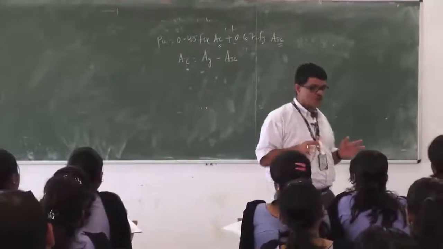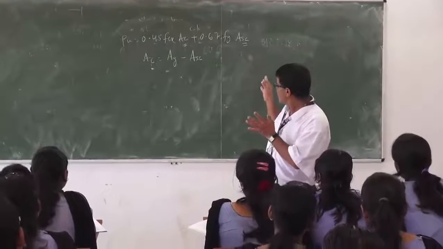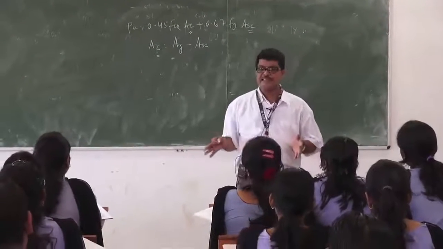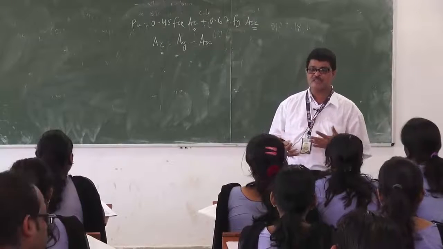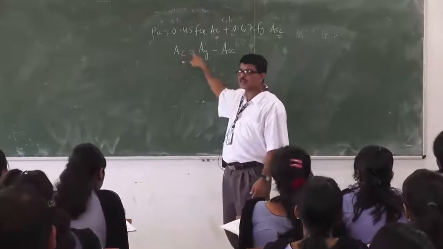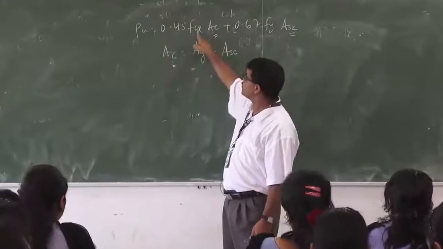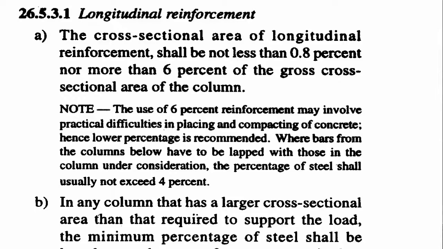So to find the gross area, you can assume the area of steel is a percentage of the gross area. If you find the area of steel is a percentage of gross area, then you can find out the concrete area is also a percentage of the gross area, and you can put here and find AG. So that is why the code says you can assume the value between 0.8 to 6.